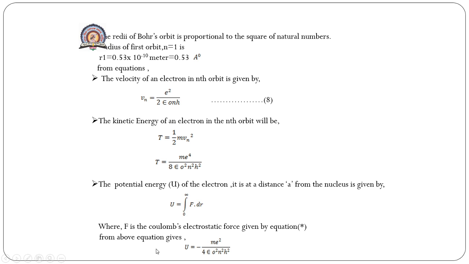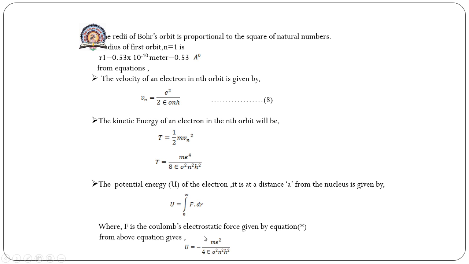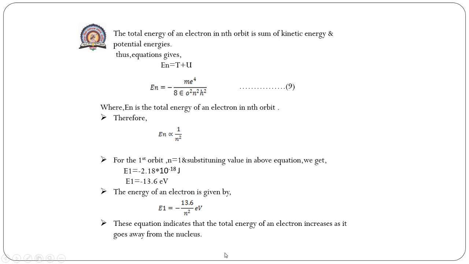The potential energy is indicated by a capital letter U is equal to integration of 0 to infinity F into dr, which is nothing but the work done, where F is the Coulomb's electrostatic force given by the last equation. From the above equation, we have to put the value of F into dr. Therefore, U is equal to minus m e square upon 4 epsilon 0 square n square h square.